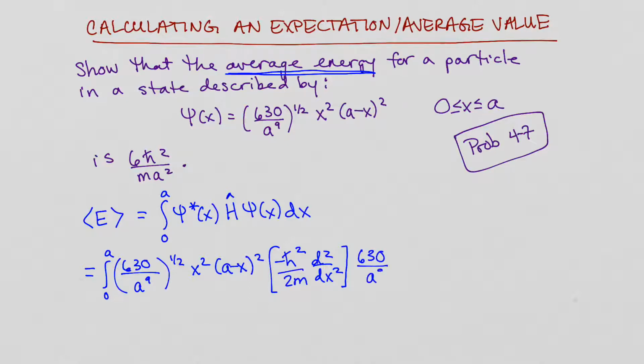We don't need them right now. Then we put our wave function again after the operator. This is just the initial setup for the expression that we want to evaluate to calculate the average energy for this particle in this particular state.